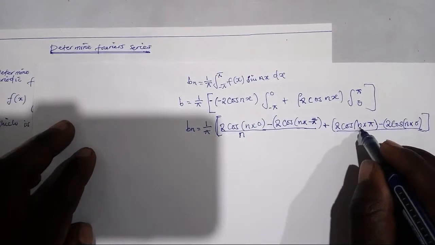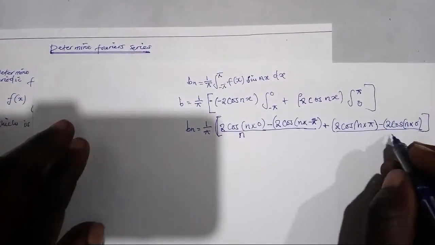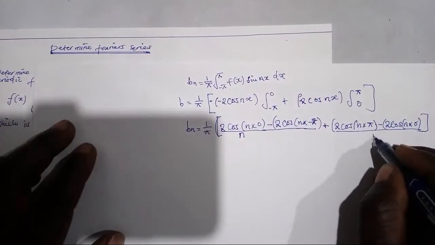We do the same here, because if there was a number, you divide by the same number when you are integrating. So here we have n.